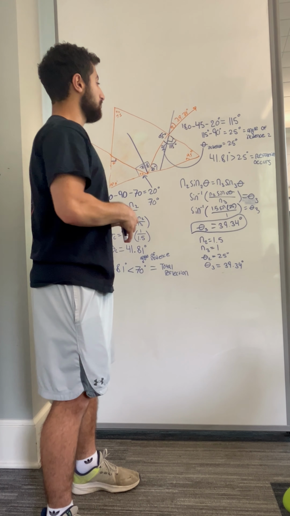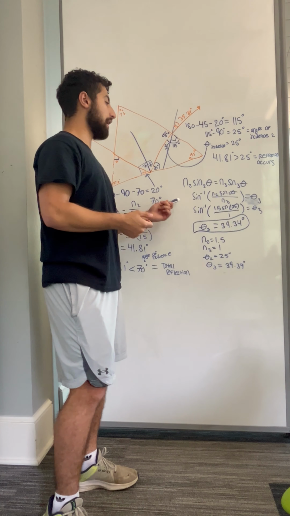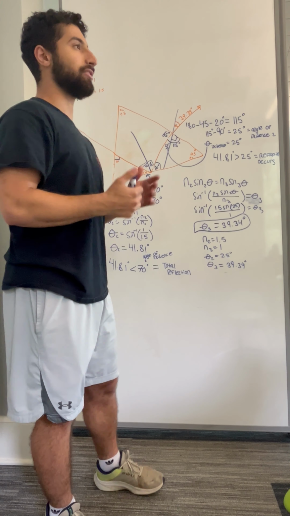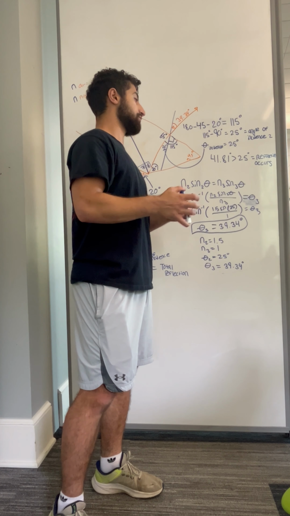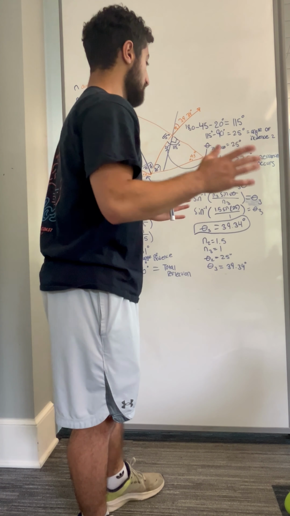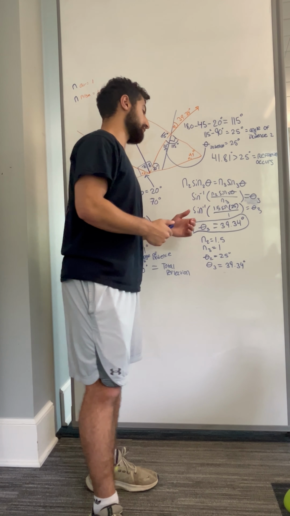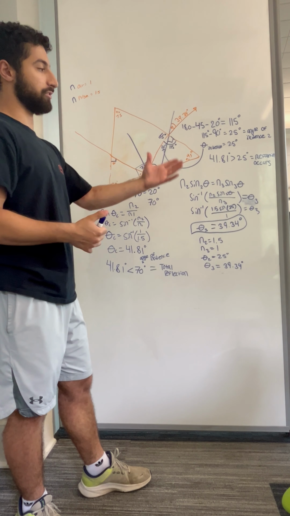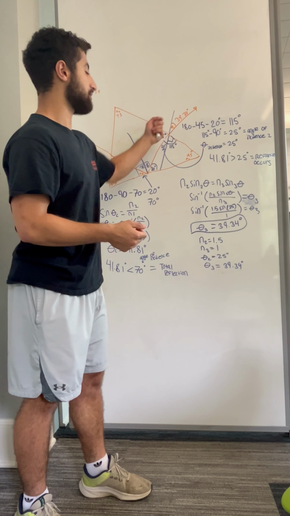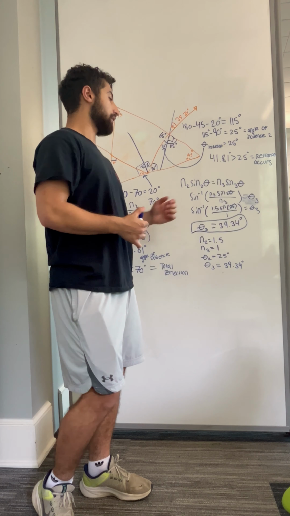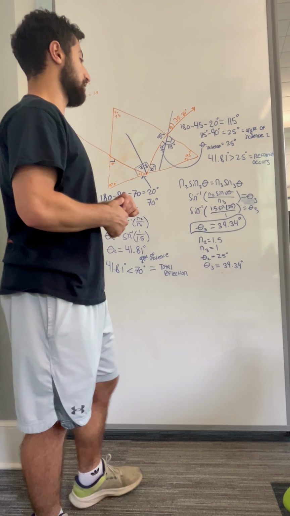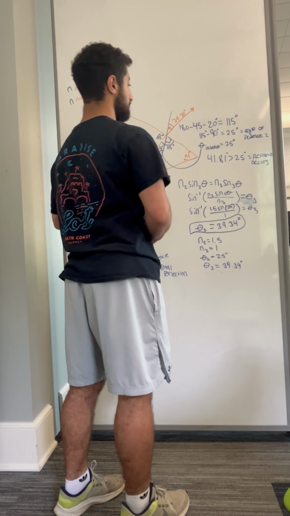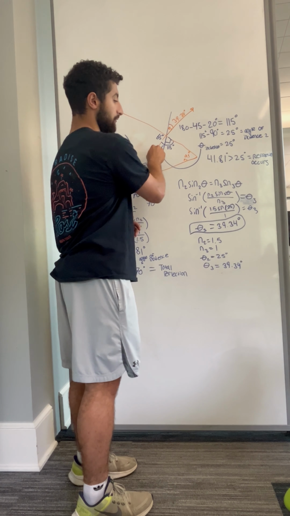In order to do so, we use Snell's law. N2 sine theta 2 is equal to N3 sine theta 3. When you simplify it, we need to find our theta 3, which is the angle at which the light escapes outside. We get the inverse sine of 1.5 sine 25, as we know our angle of incidence.